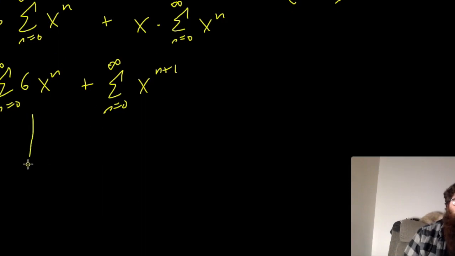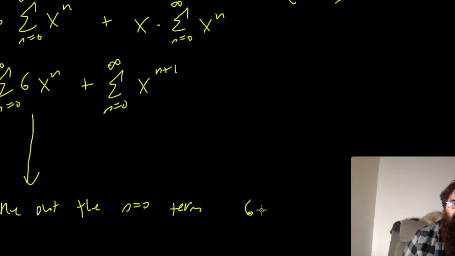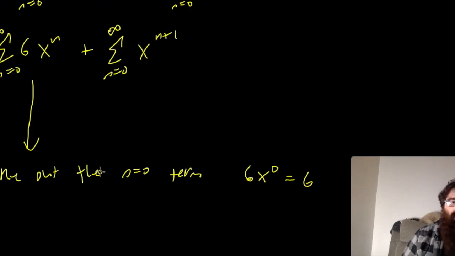So let me take out the n equals 0 term, which would be 6 times x to the 0, which is just 6. And now I'm going to keep the starting index at 0, but I'm going to shift this n to an n plus 1 because I don't have to start immediately at the first term anymore. I'm talking about it colloquially right now, but I can actually show you why this is working and how it works the way that it does.